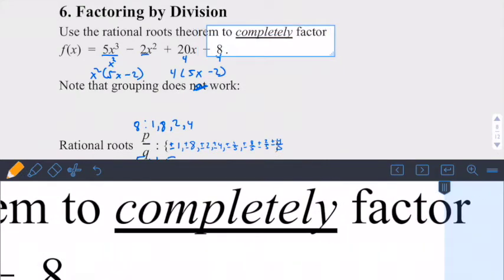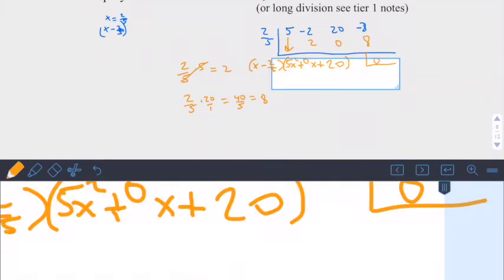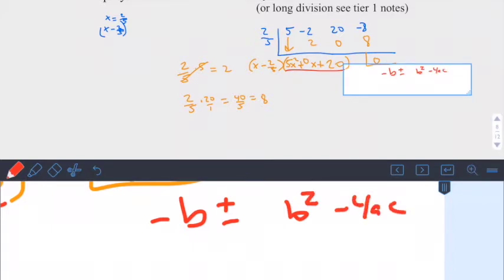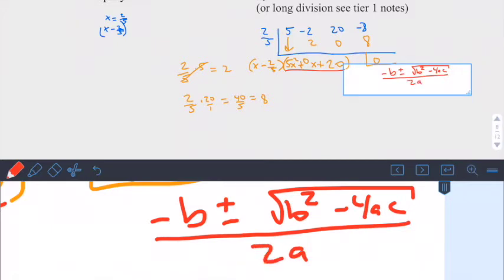To factor it completely, I want to factor my quadratic. So what I can do is I can use the quadratic formula from here because I know that will always work. So here's the quadratic formula again. -b plus or minus the square root of b squared minus 4ac all over 2a.